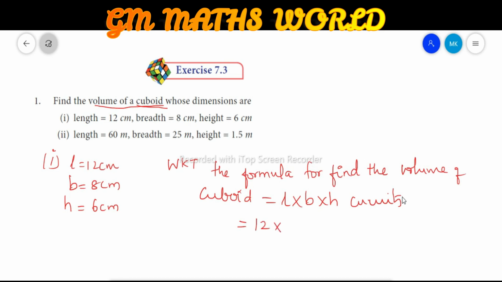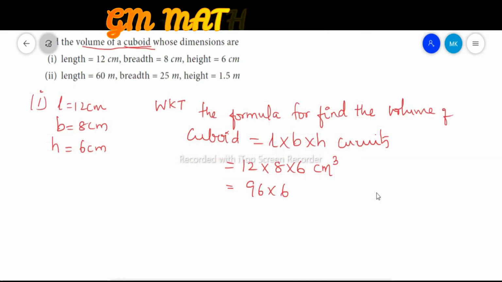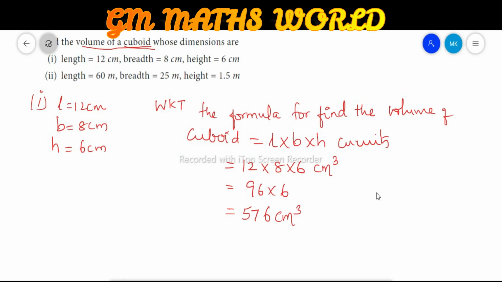is the product of length, breadth, and height in cubic units. So the length is 12 into breadth is 8 into height is 6 and the unit is centimeter cube. So 12 into 8 is 96, into 6. 6 sixes are 36, 3 carry, 54 plus 3, 576 centimeter cube is the volume of the first problem.